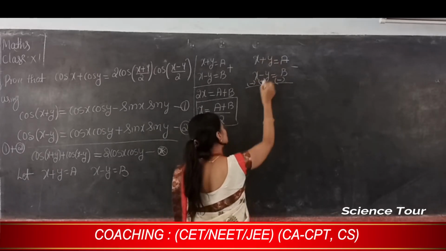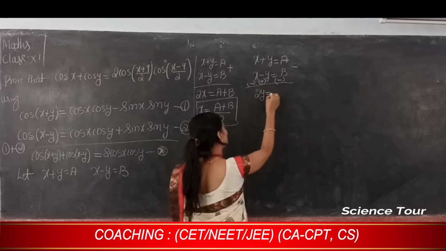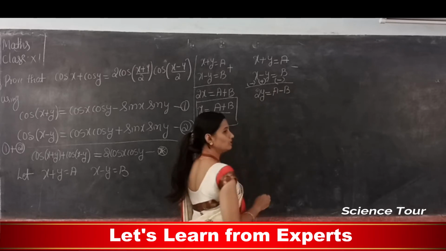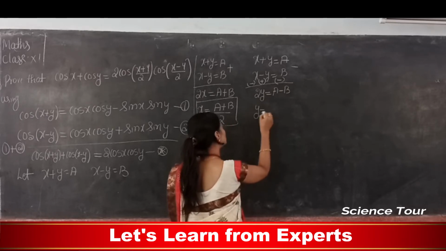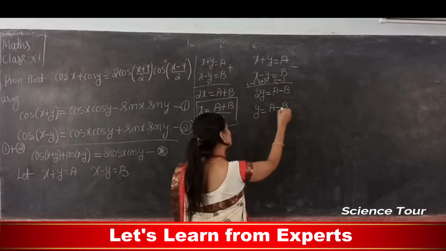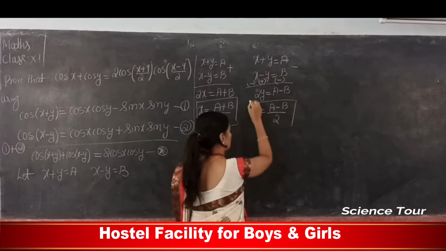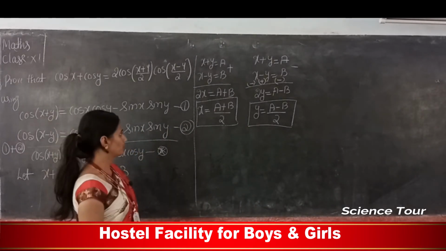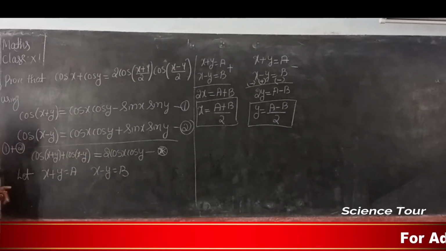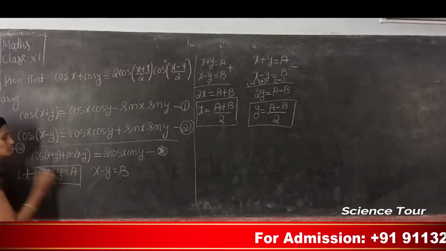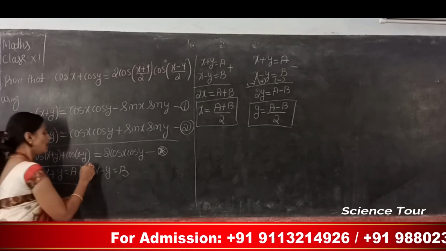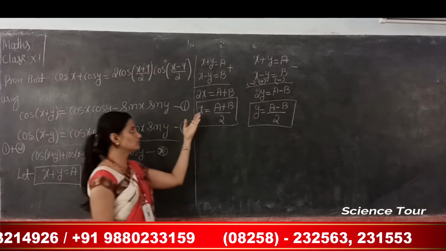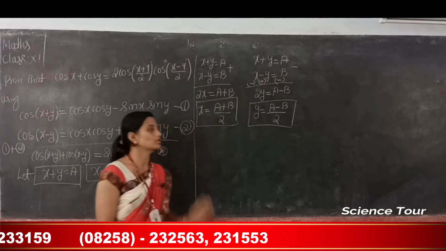Plus y plus y is 2y is equal to a minus b. So y is equal to (a minus b) divided by 2. So I told you 4 boxes. One box is x plus y is equal to a, second box is x minus y is equal to b, third box is x is equal to (a plus b)/2, and fourth box is y is equal to (a minus b)/2.